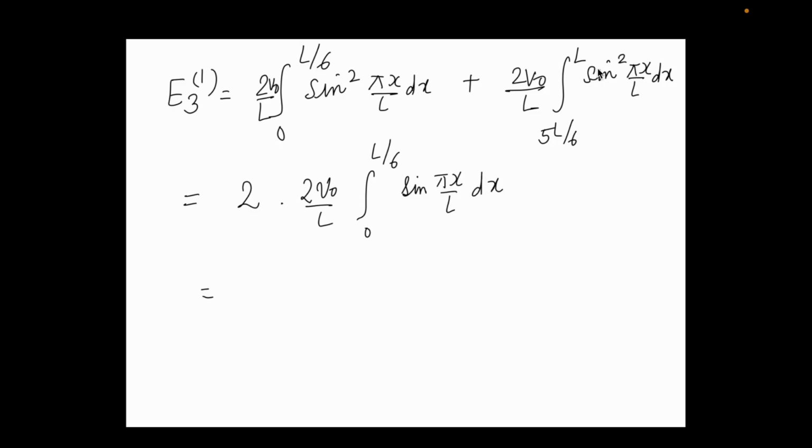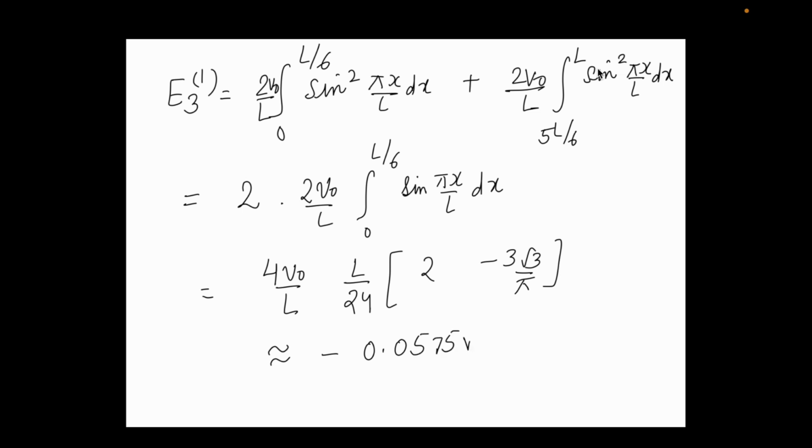So it would be 4 V naught by L times (L by 24 twice minus 3 root 3 by pi), which is around 0.0575 V naught.